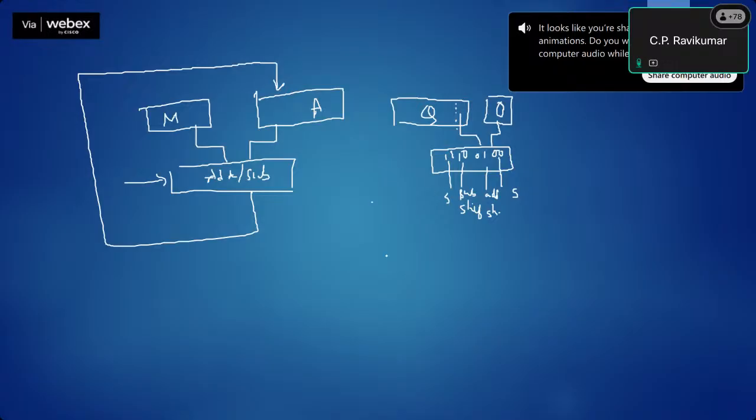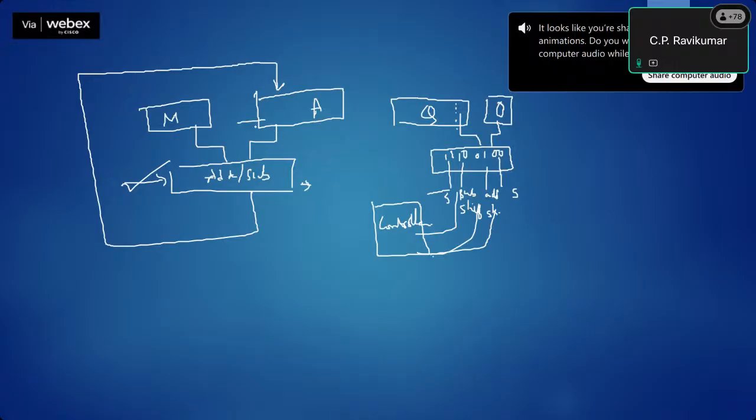So for the control signal, there is possibly a controller which will take these values and decide to control the add and shift. It will control this signal. It will control the shifting.